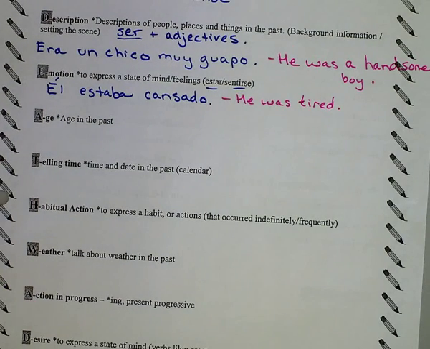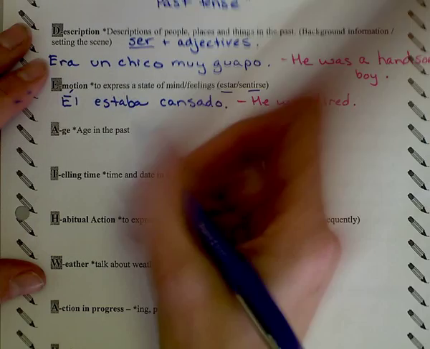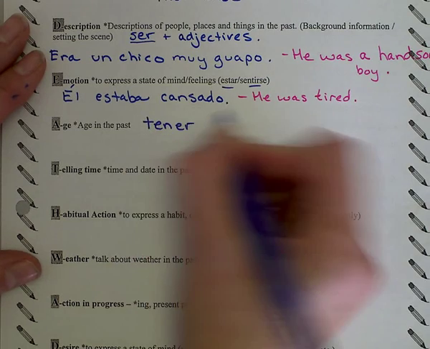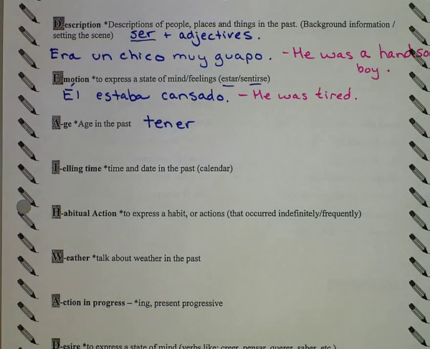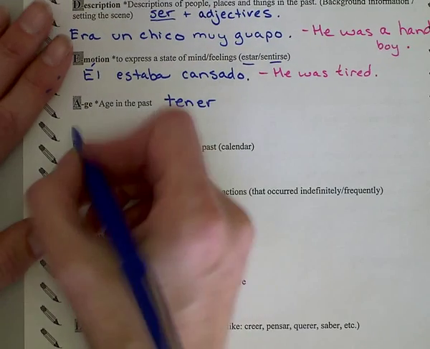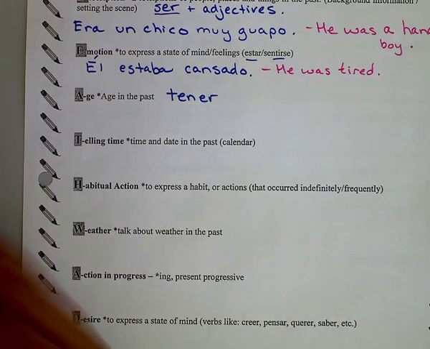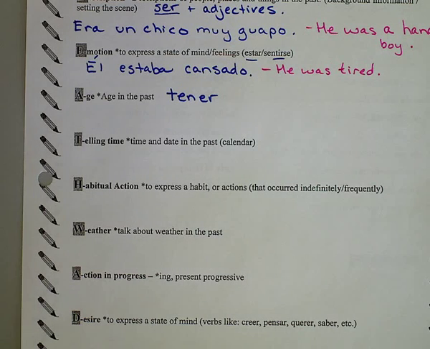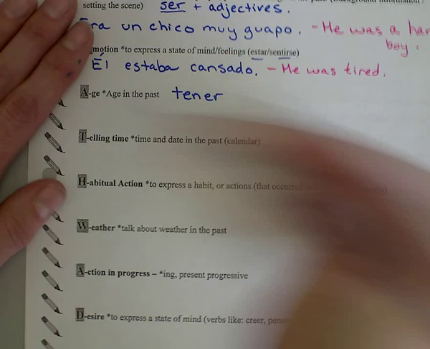When you want to say how old you are, what verb do you use? Tener. So we want to say how old somebody was. So when I was 6, when I was 10. And typically when you use this expression, you'll have when I was such and such an age, then another clause. So I'm going to write that out.